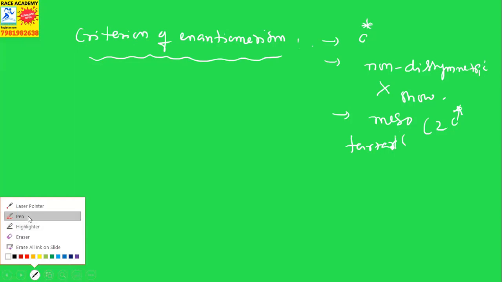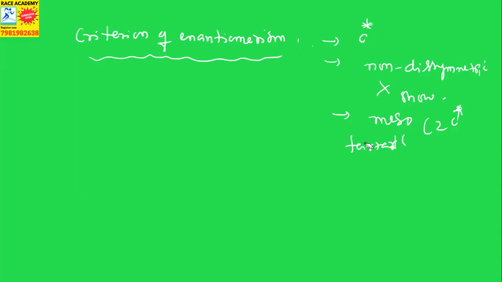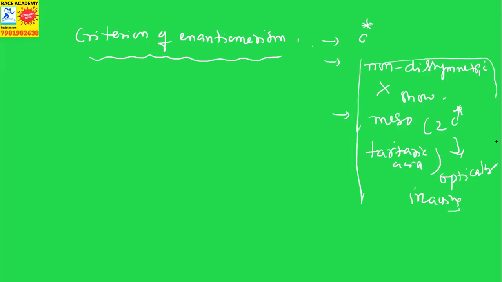Fifty percent of the structure is similar to the other fifty percent, so it is optically inactive. So the criterion is that the compound must be dissymmetric. Such compounds do not show enantiomerism.